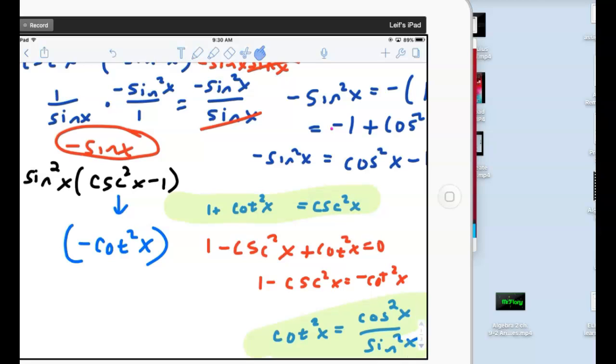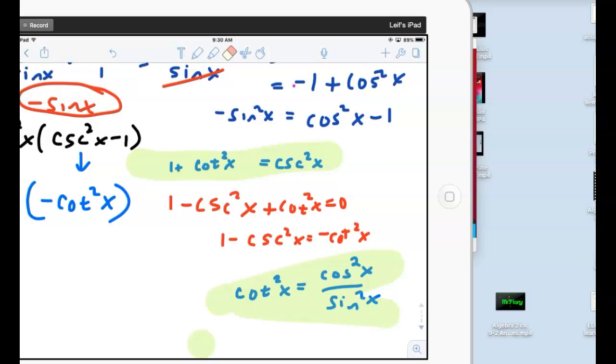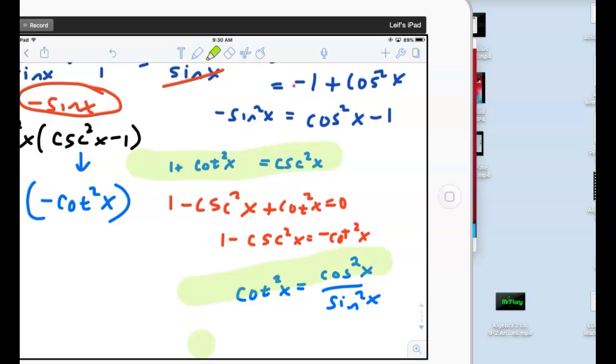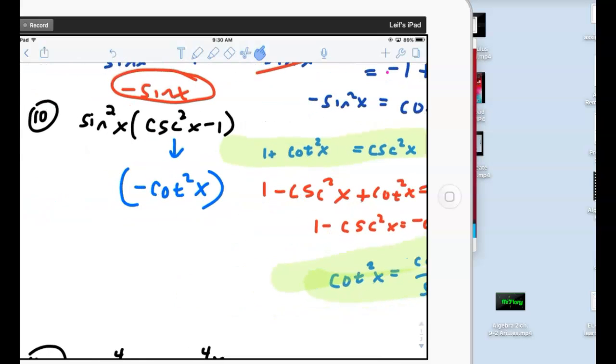And cotangent is equal to cosine over sine, so you'll see I highlighted this over here. Cotangent squared of x is equal to cosine squared over sine squared, right? I'm not sure I've ever quite explained it to you that way, but you can do that. Cotangent squared is cosine squared over sine squared.